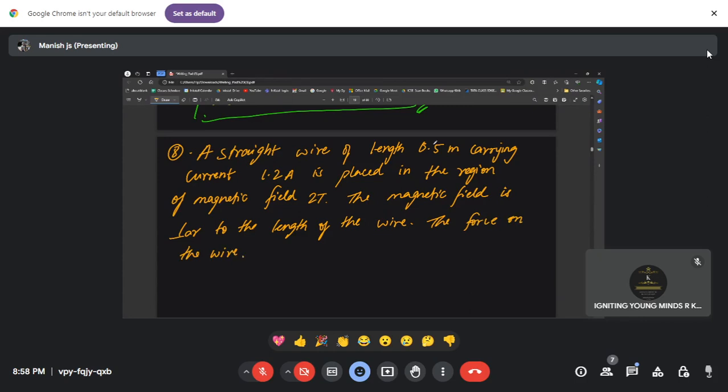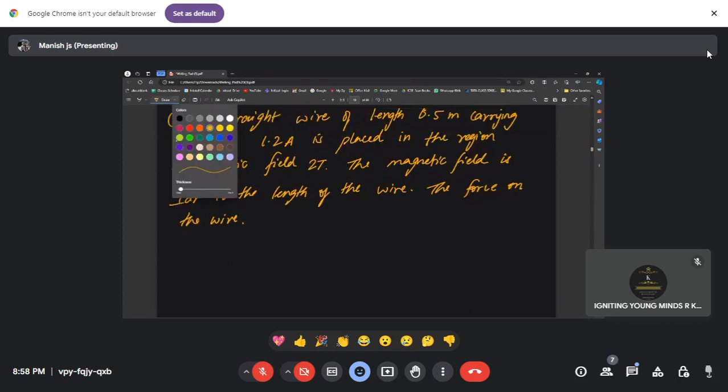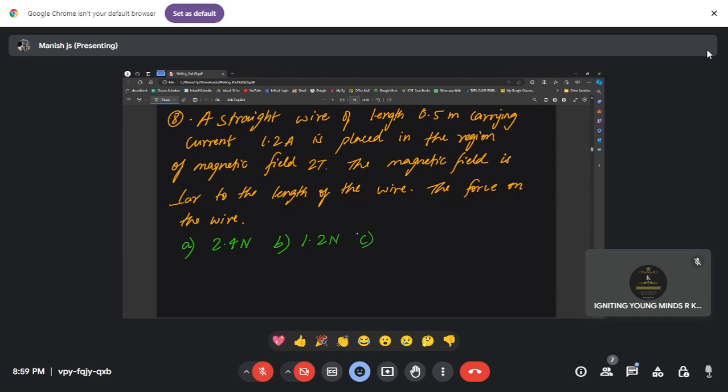Simple. So again, I'll give you the options. Option A, 2.4 newtons. Second option is 1.2 newtons. Third, 3 newtons. And option B, that is the fourth option, is 2 newtons. So these are the options.